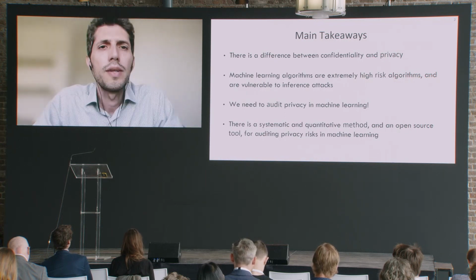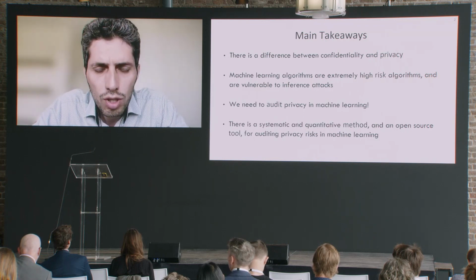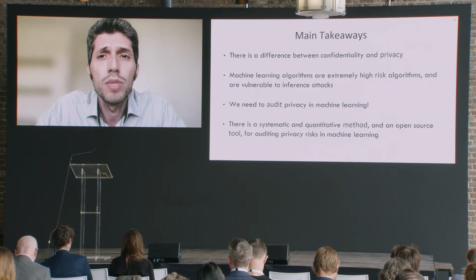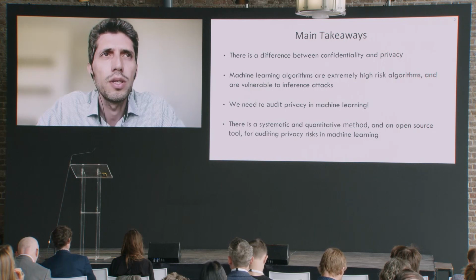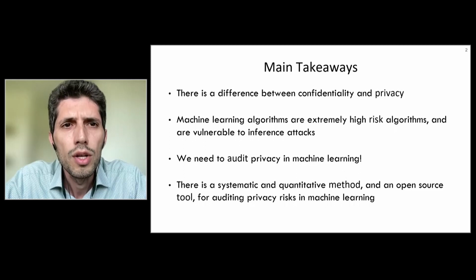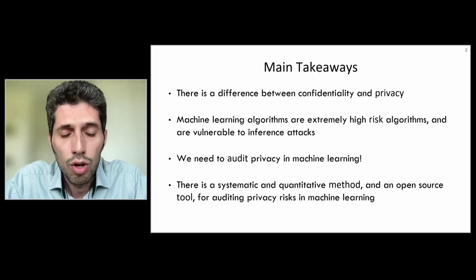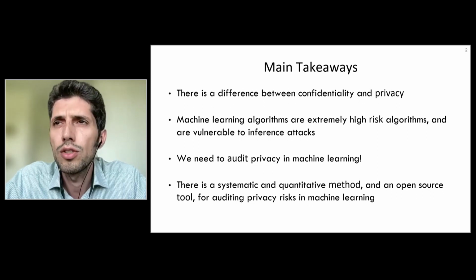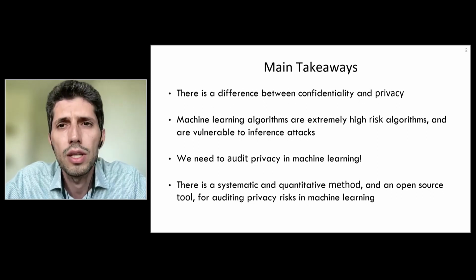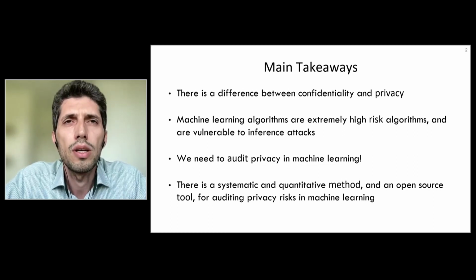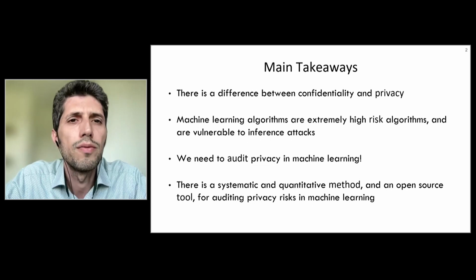Right, so today I'm going to talk about privacy auditing in general for algorithms and an algorithmic approach to privacy auditing with the focus on machine learning. What I want you all to remember from this talk is that there are different interpretations of privacy. In particular, there's a distinction between confidentiality and privacy in the kind of risks that they define.